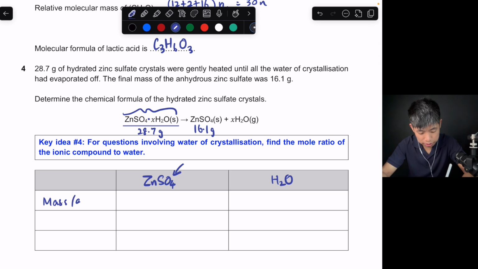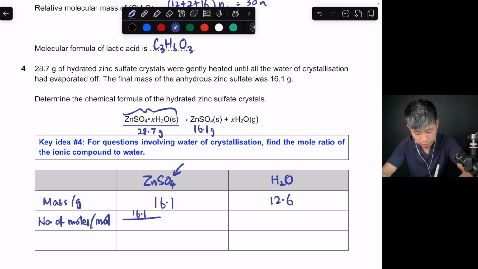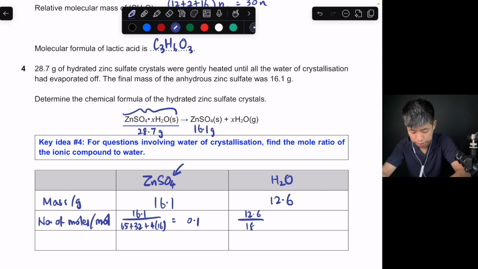Same thing, I'll start with the mass. So the number of moles here, instead of dividing by the Ar of the element, I'll need to sum up 65 plus 32 plus 4 times 16. Number of moles is 0.1 mole. Do the same for water, 18, 0.7.